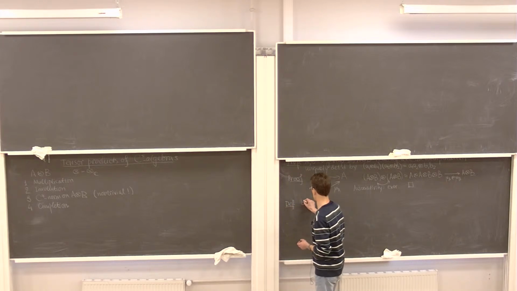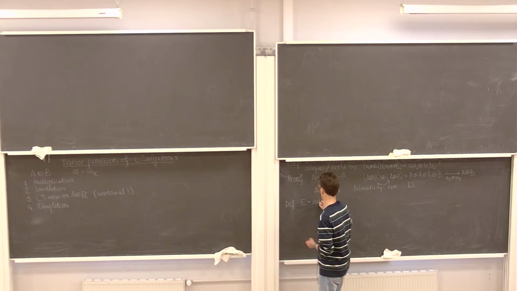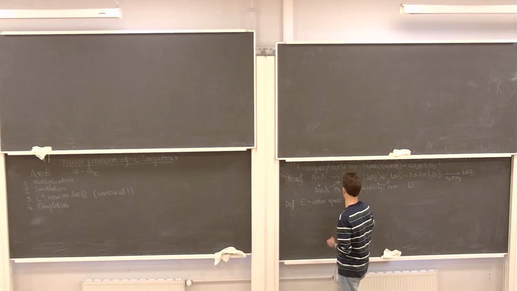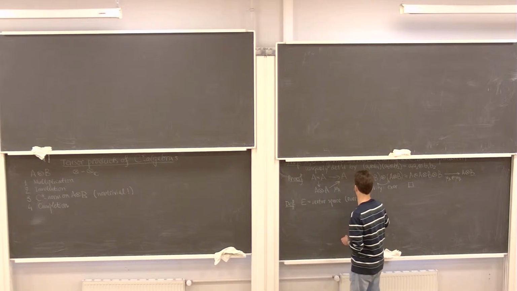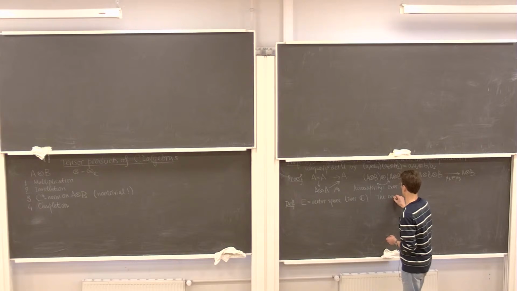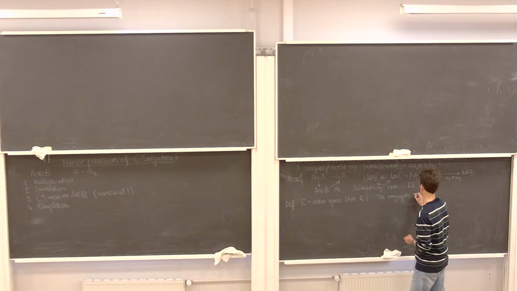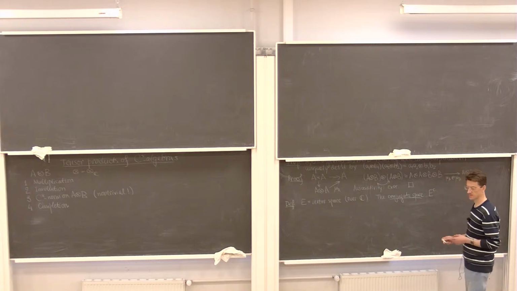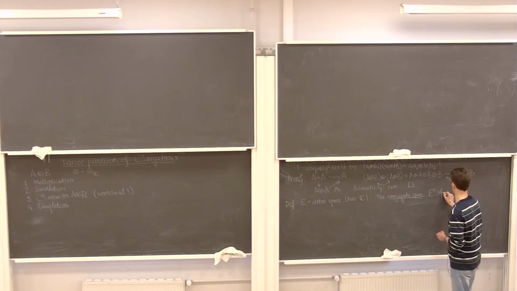Suppose we have a vector space E, as usual over the complex numbers. We define the conjugate space. The conjugate space, denoted by E^C, of E is defined as follows.